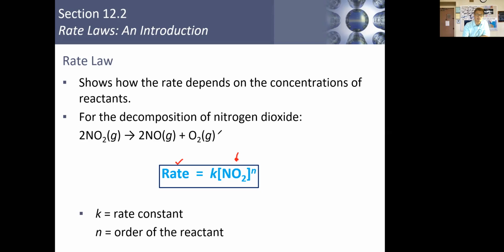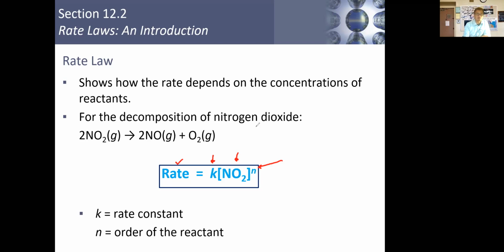K is what we call the rate constant, and n is the order of the reactant, the order in which the reactant breaks down, whereas if it were the product, it would be the order in which the product is forming. So that's what those terms mean in our rate law right here.